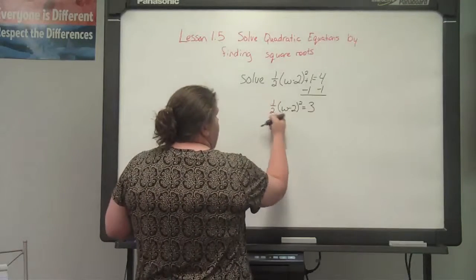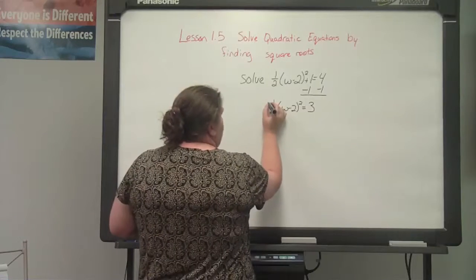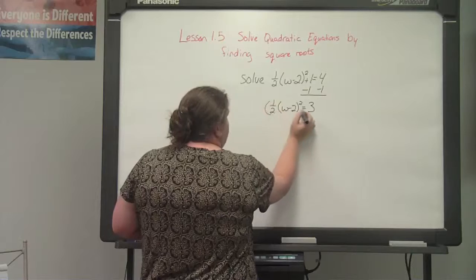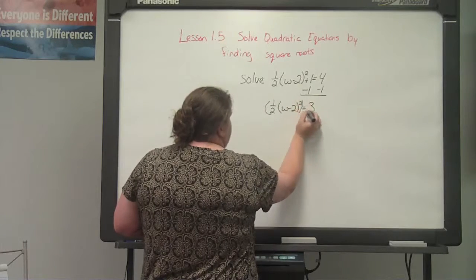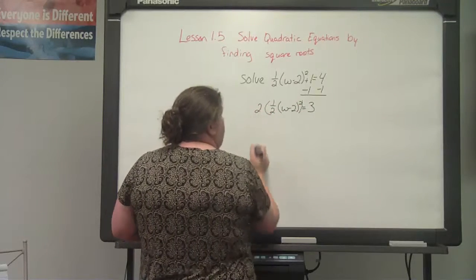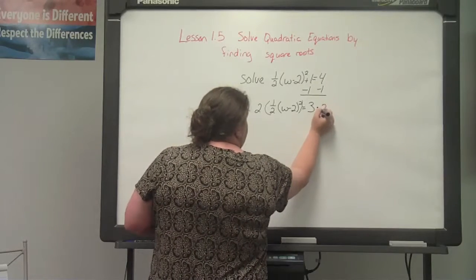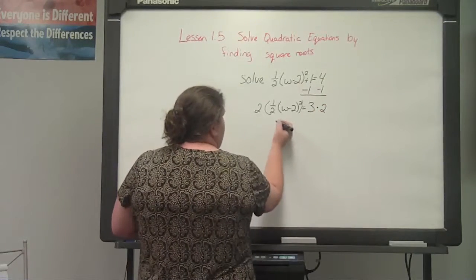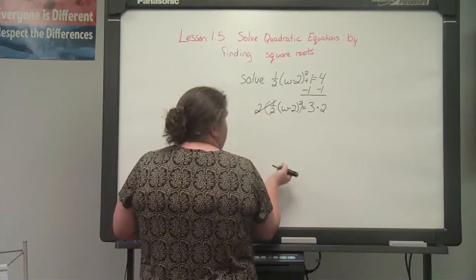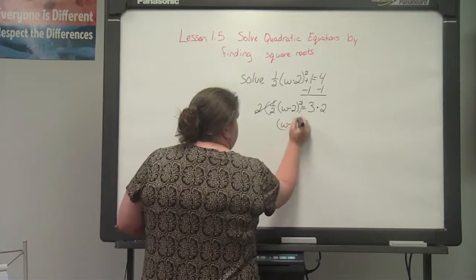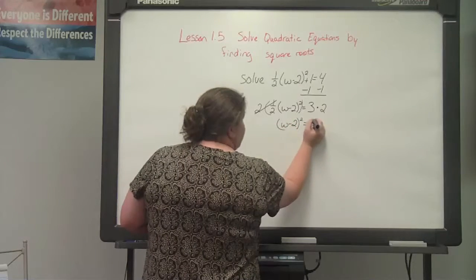So when you have a fraction, you multiply this whole side by 2, or 2/1. What that does is cancel this out, and that leaves (w minus 2) squared equals 6.